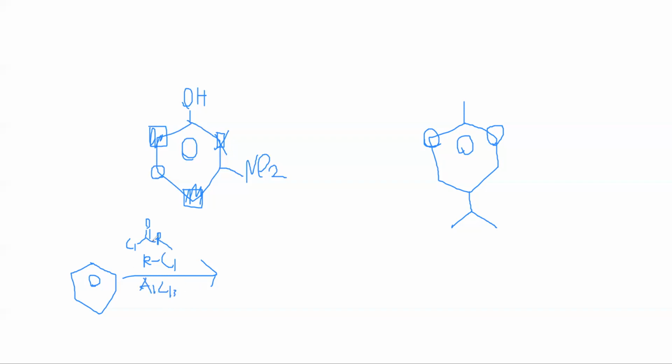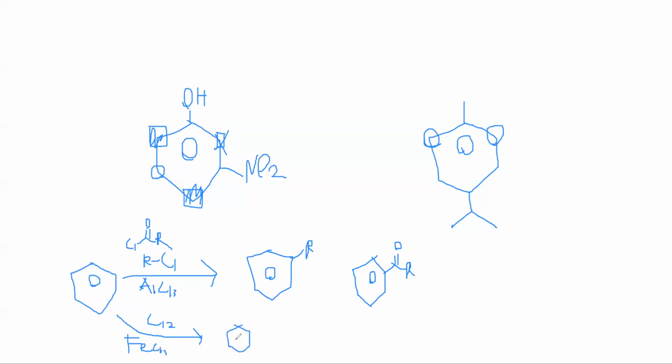That will put either the alkyl group by itself or a carbonyl on the chain. You could add halogens with Cl2 and FeCl3. And there are some other reactions, but hopefully this jogs your memory if you haven't looked at it in a while. I'm not going to go over all of them. I don't have the time to go over every single thing. Those are some examples.